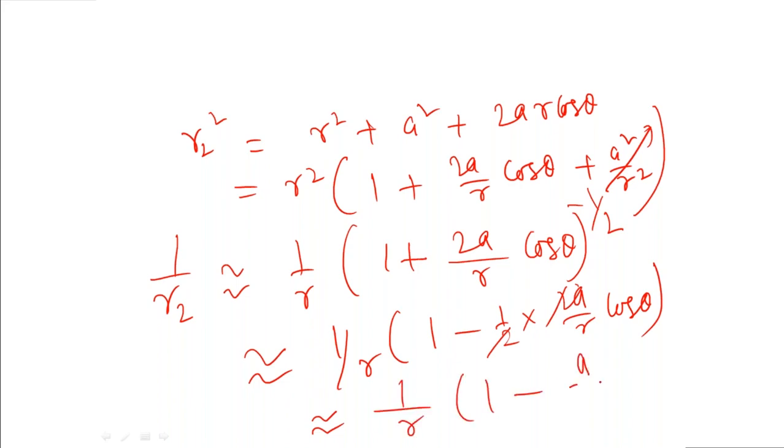Look here, I have to do q by 4 pi epsilon naught times 1 by r1 minus 1 by r2. So I'll just put the values over here: 1 by r1 what I have got, and 1 by r2 what I have got.